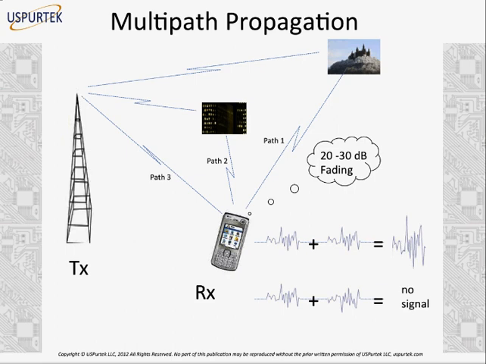Your signal fades. This is a known problem, a nuisance sometimes. We are in some important call, and because of this multipath propagation, different signals cancel out or add to each other in a random fashion, leading to multipath fading.